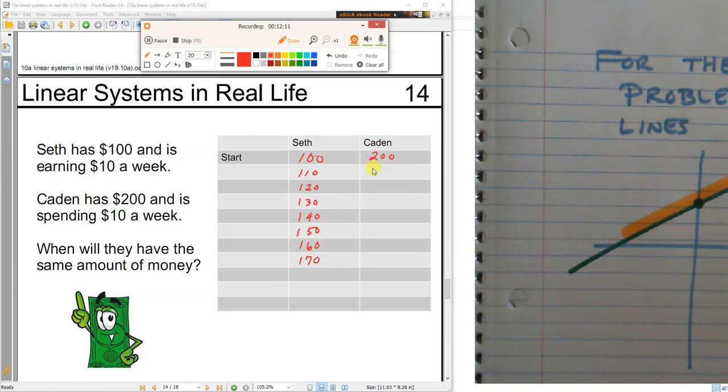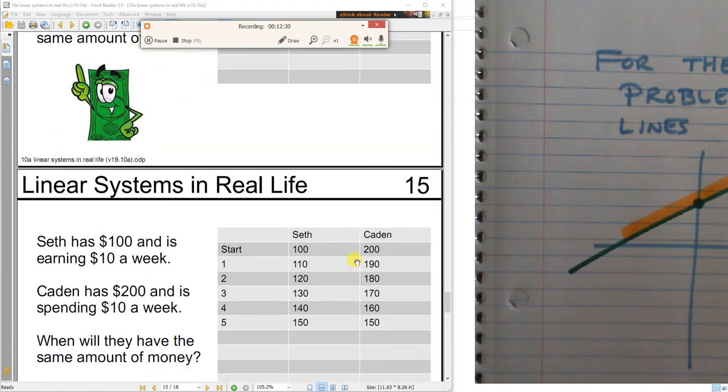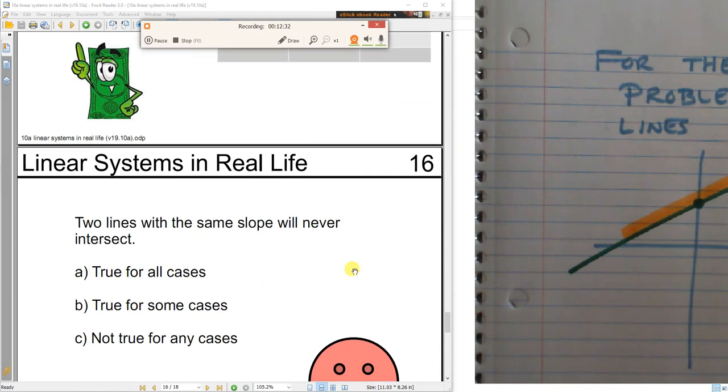He's spending $10 a week. This is going to be $190, $180, $170, $160, $150. Oh, right there. It occurred right here. 5 weeks, they have the same amount of money.